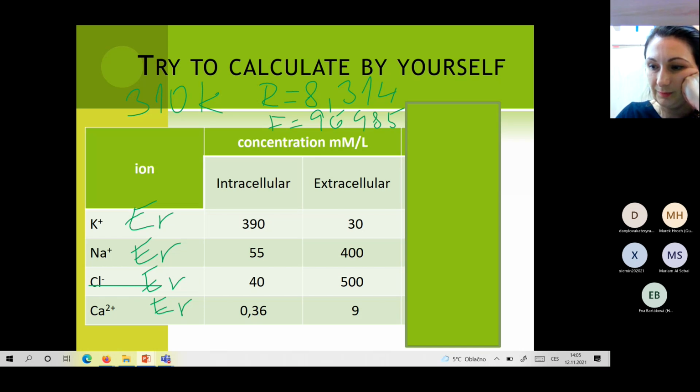Okay. Someone else? Yeah, the last one is 44. It's okay. Do you have the same values? Minus 6, another 3 is the same. And what about the second number for sodium? Because 53, 50, yeah.